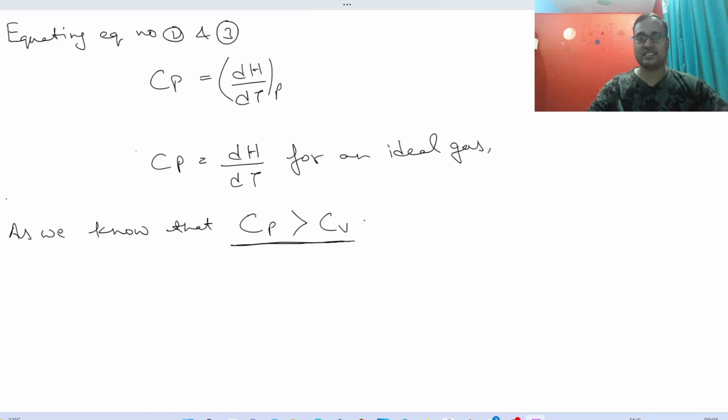One is increasing the volume and the second is increasing the temperature of the system. Whereas in case of constant volume, the heat is only used to increase the internal energy, or directly the temperature of the system. That's why in case of constant pressure, we need to supply a greater amount of heat as compared to constant volume.